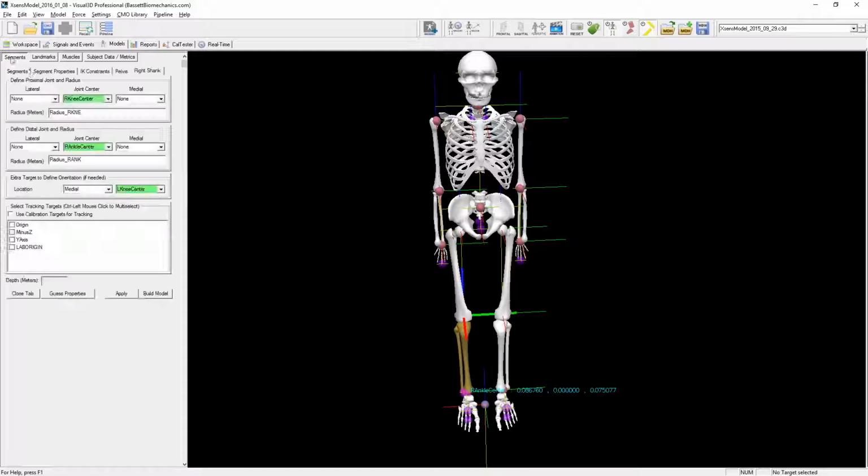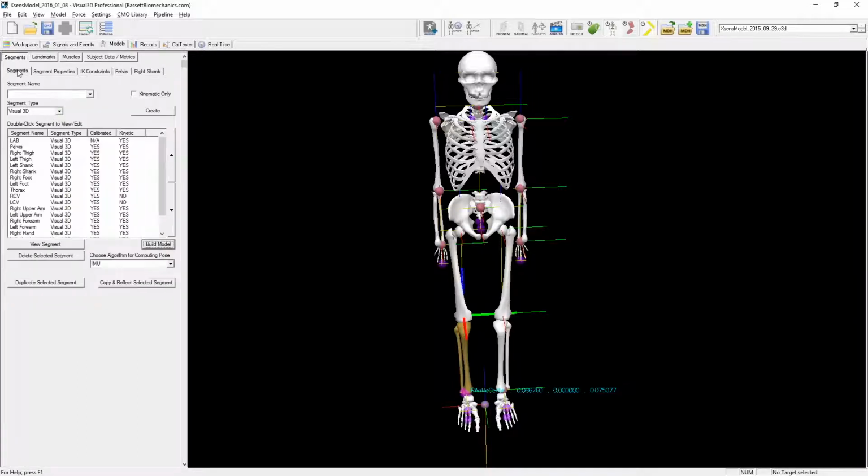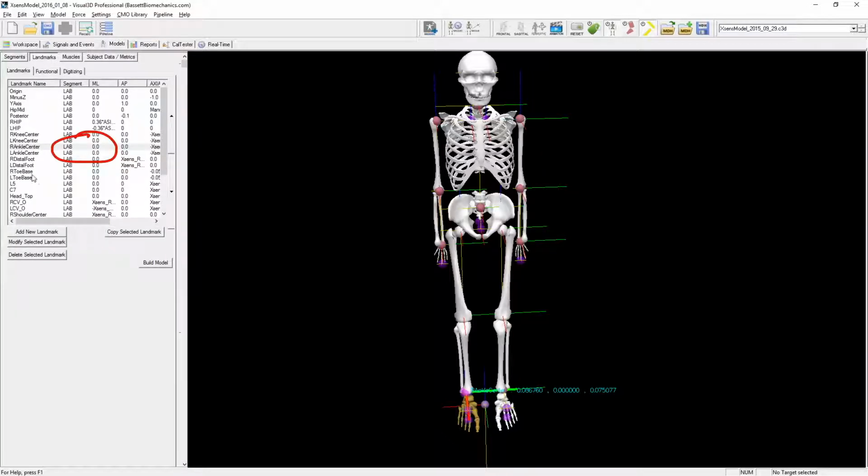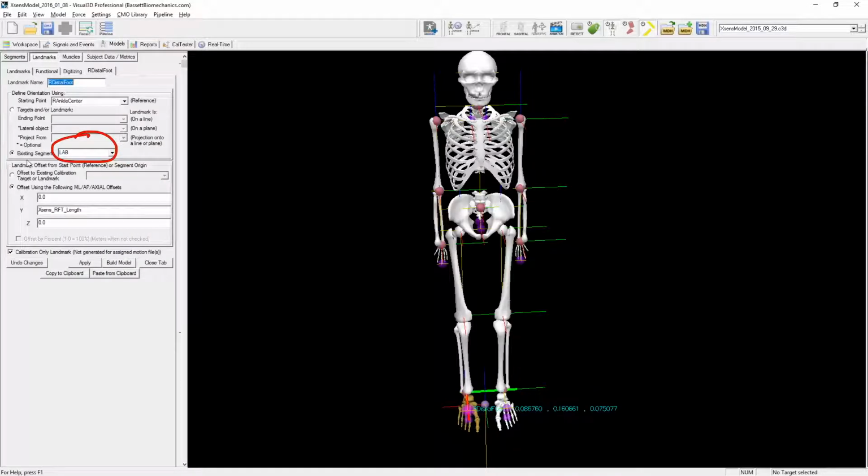If we go look at the right foot segment, you see we have the right distal foot as the joint center on the distal end. And this landmark is a little bit more interesting to consider.